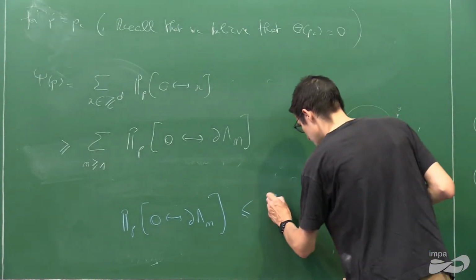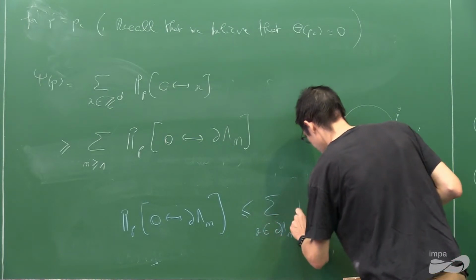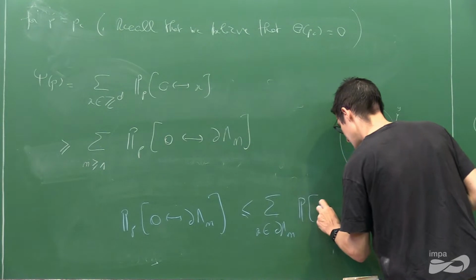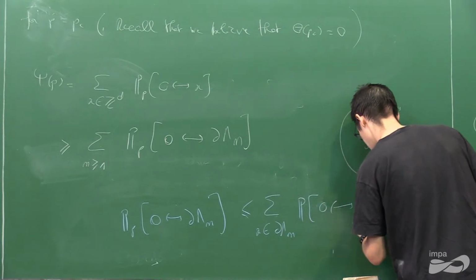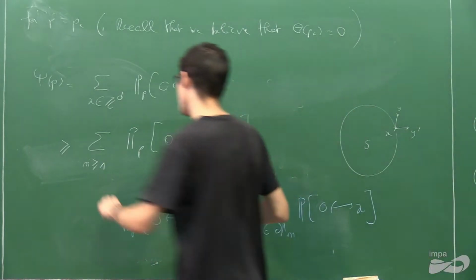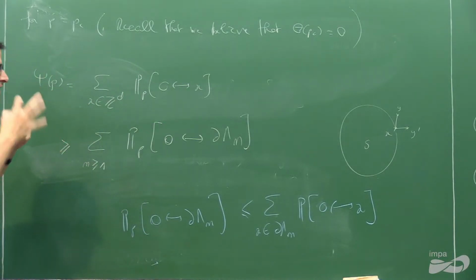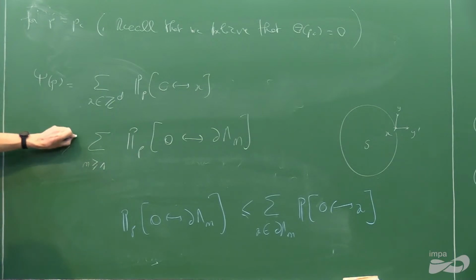So this is smaller than this, just by the union bound. So using this inequality and decomposing Z^d into these kinds of shells, I can put 1 plus here, but it's not really relevant. I can just forget about the fact that the origin is always connected to the origin.